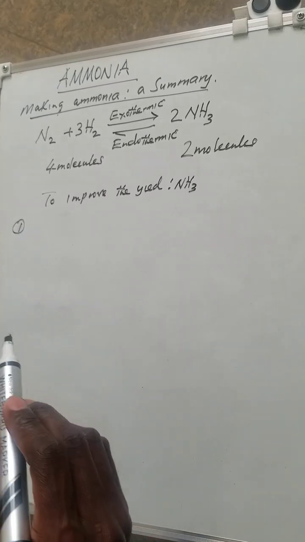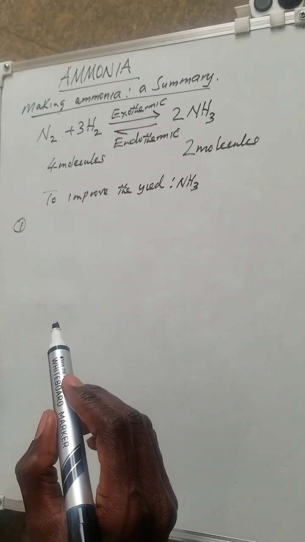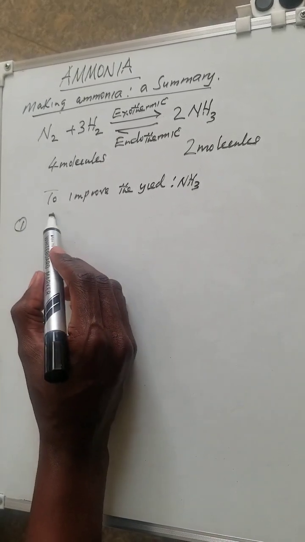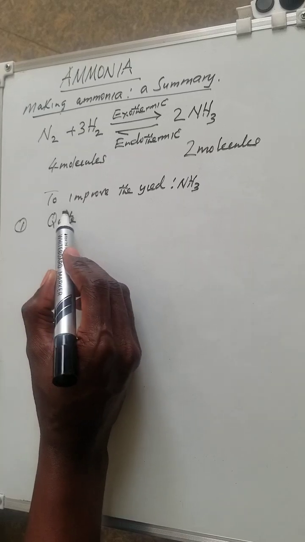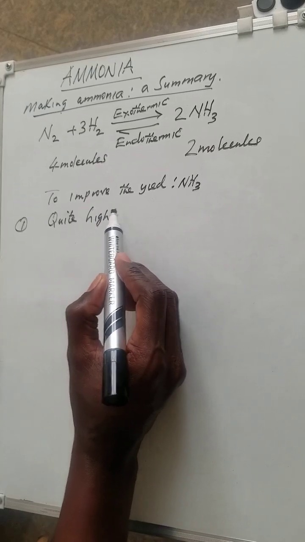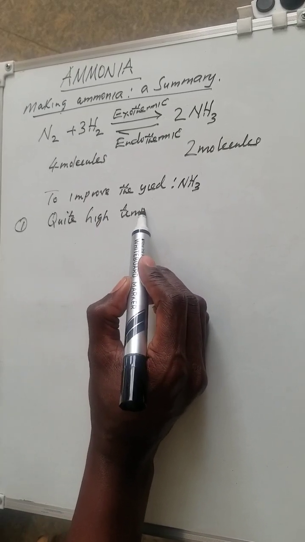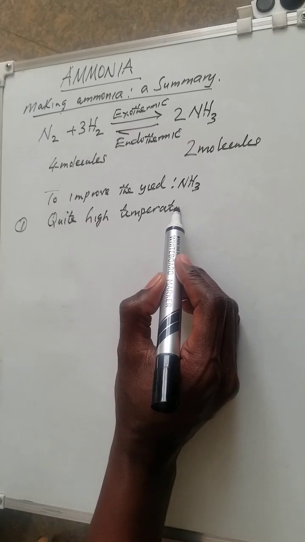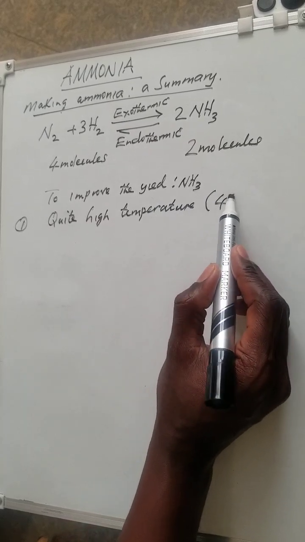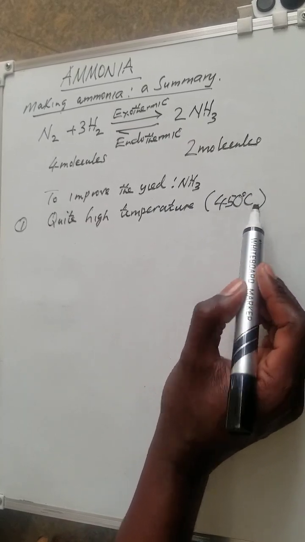So one, in order for you to improve the yield of ammonia, you need to use a quite high temperature, and that's what we talked about, 450 degrees Celsius.